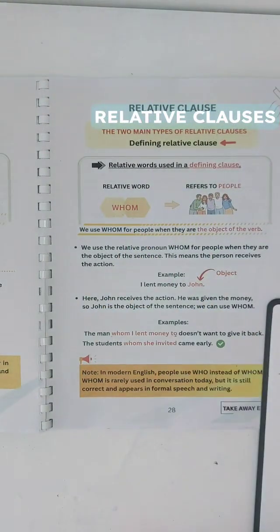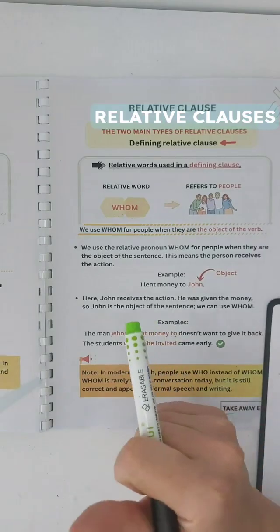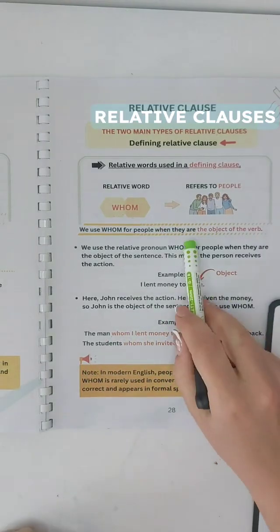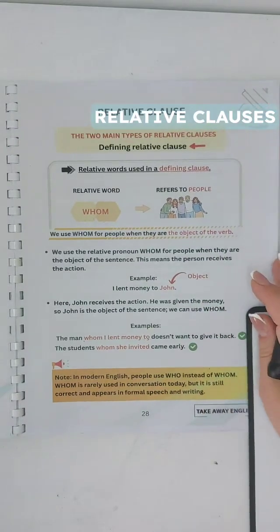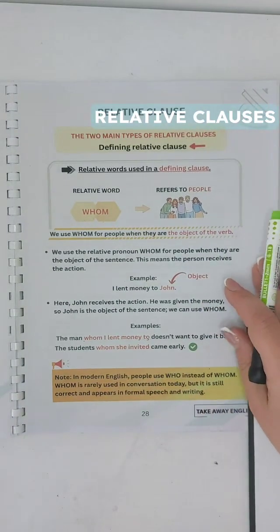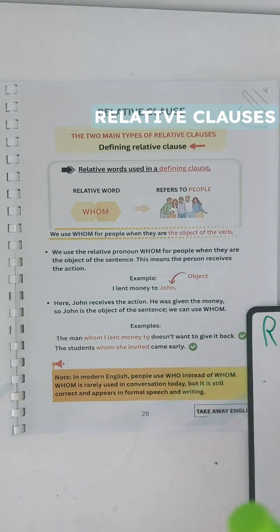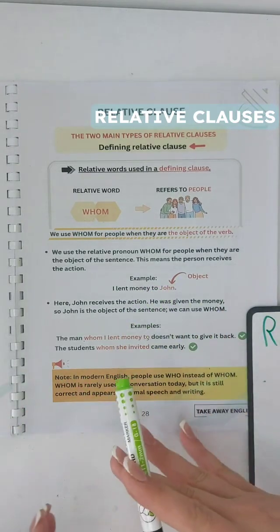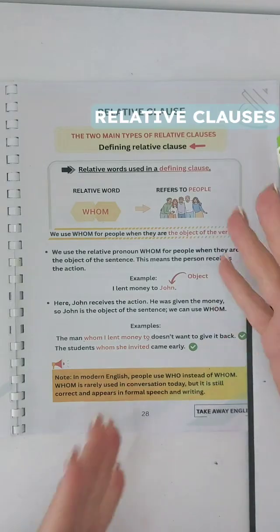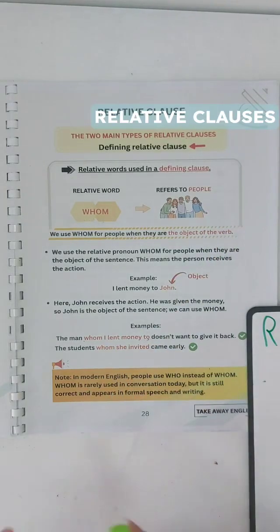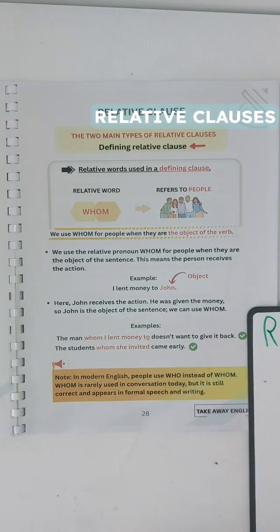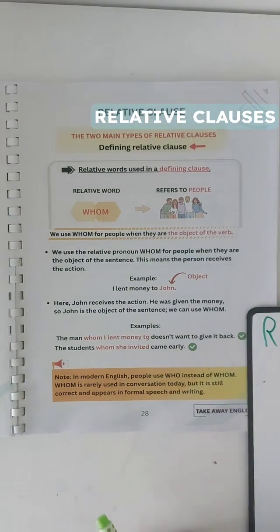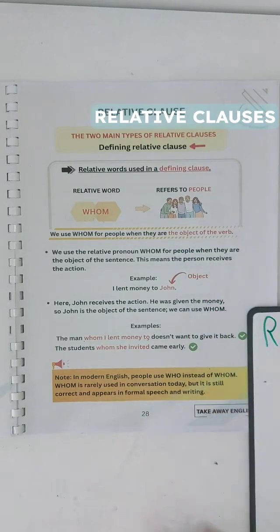Whom. We use whom for people when they are the object of the verb. Yesterday we talked about what an object is, right? We already know its function in a sentence. So we use whom for people when they are the object of the verb.